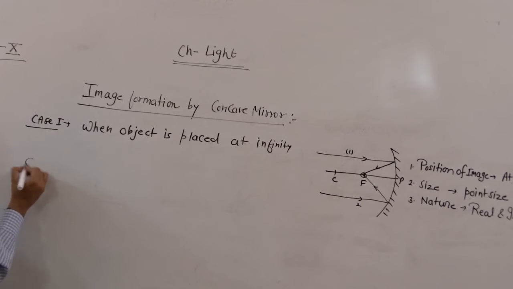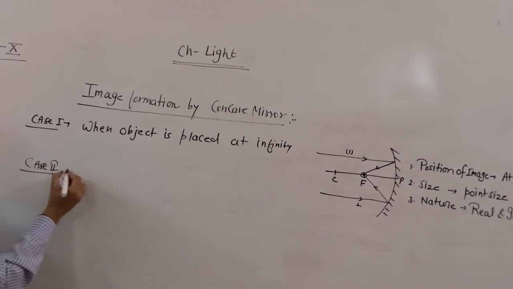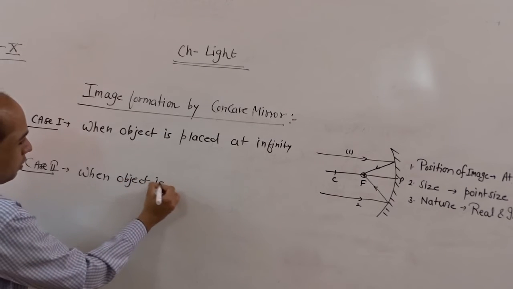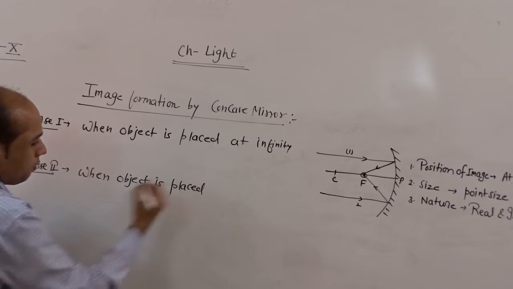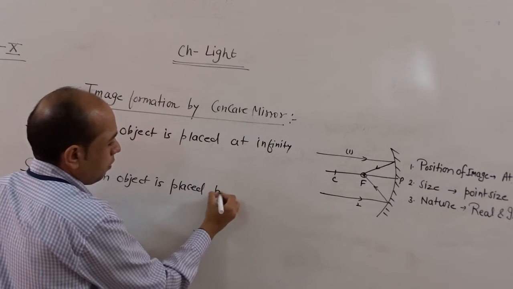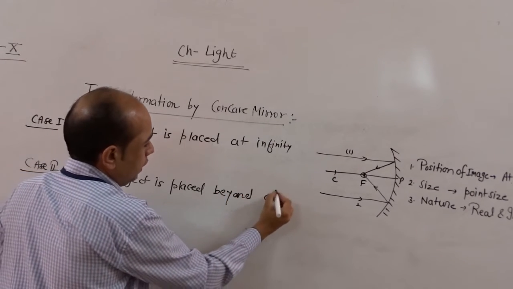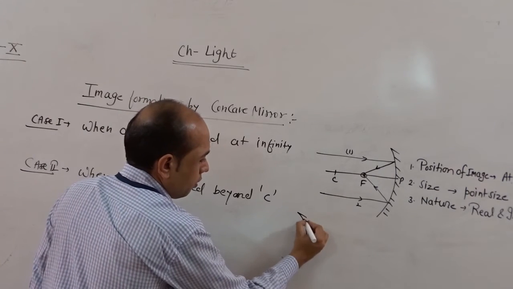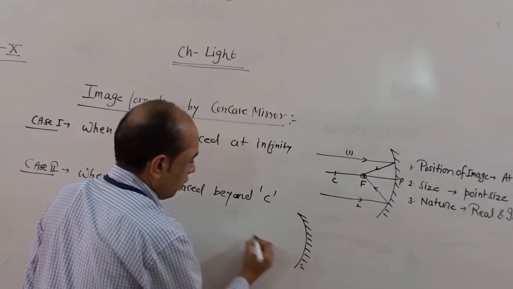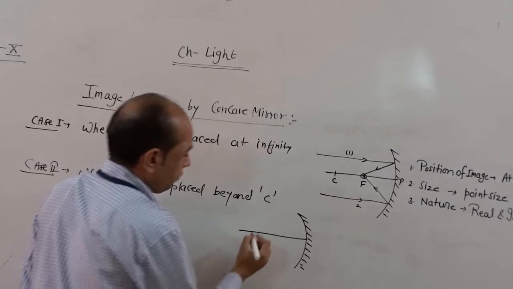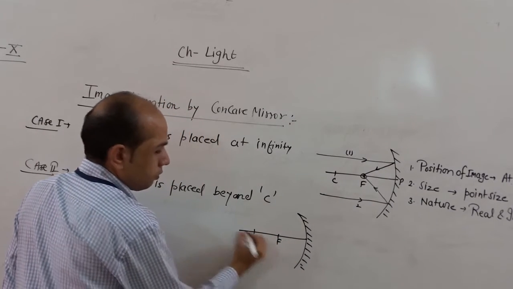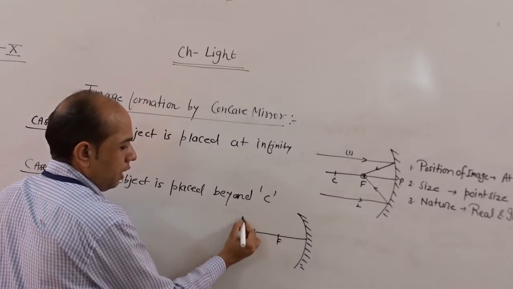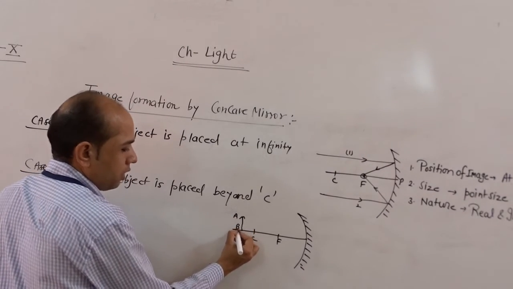Now we come to the second one. When the object is placed beyond C, that is center of curvature. So suppose A and B denotes here the object.